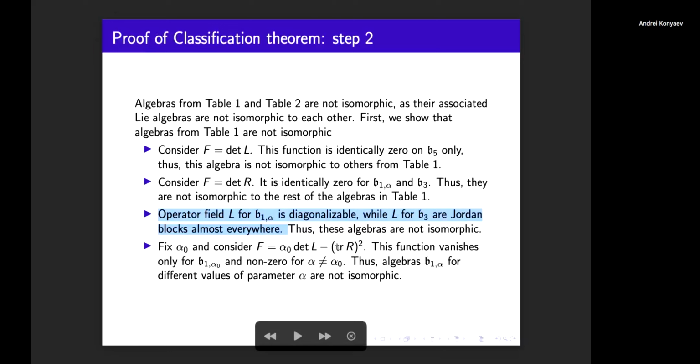And we proceed like this. We define the function like this to separate the different functions for the same collection of B alpha, right? For different alphas, those algebras are not isomorphic because we take a function like this, and it identically vanishes only if the parameter alpha equals alpha 0, and if it's not alpha 0, then this does not identically vanish. But this is a linear combination of those invariants, and this property is supposed to hold everywhere and for the entire algebra.